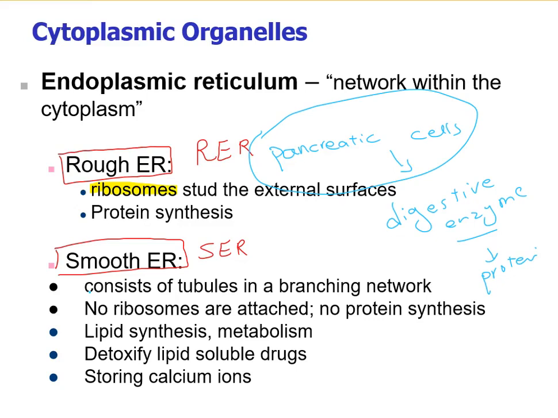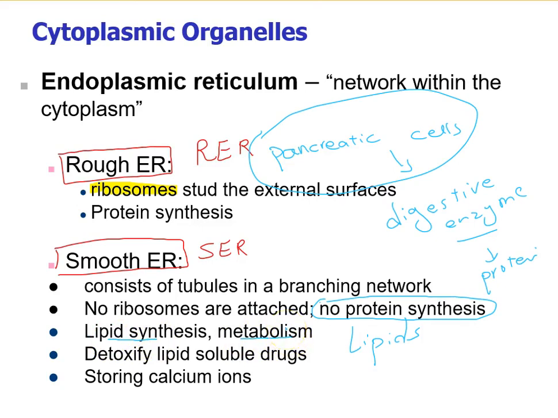It's more into lipids, making lipid, metabolizing lipid. So it means that the smooth endoplasmic reticulum is not involved in protein synthesis. It is involved in lipid synthesis and also metabolism of the lipid.